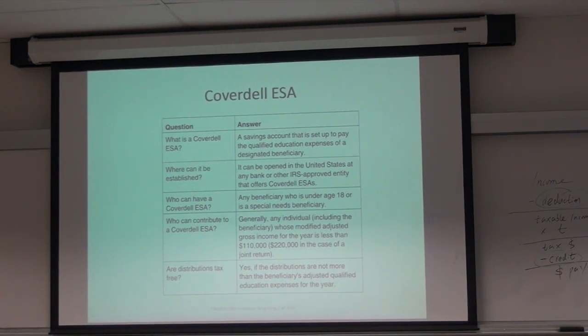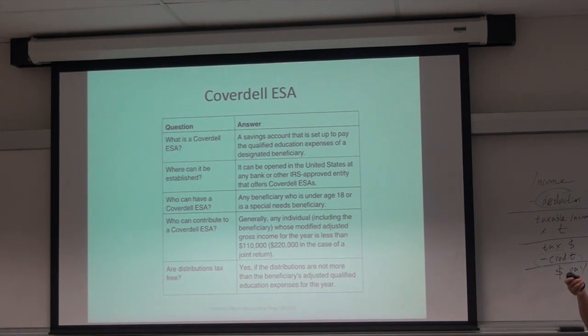Okay, then the 3rd type, savings. Coverdell education savings accounts. What's a Coverdell education savings account? It's a savings account set up to pay the qualified education expenses of a designated beneficiary. So this is one restriction.